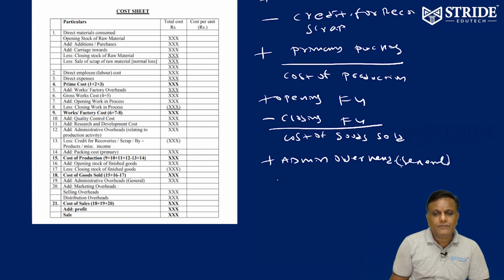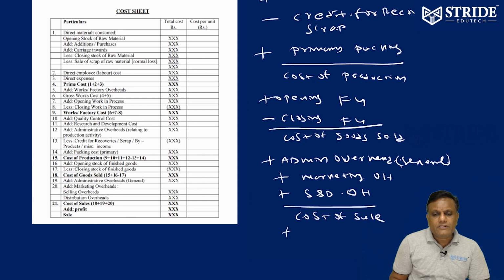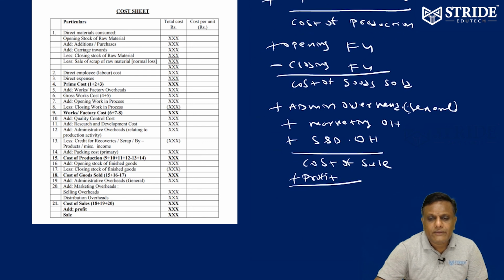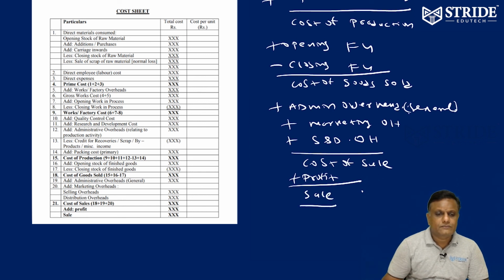Similarly, add marketing overhead, market related expenses, and add selling and distribution overhead, and you will be getting cost of sale. After cost of sale, just add profit, and you will be getting sale. So cost of sale plus profit gives sale. That's it.